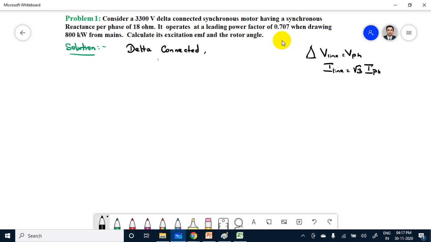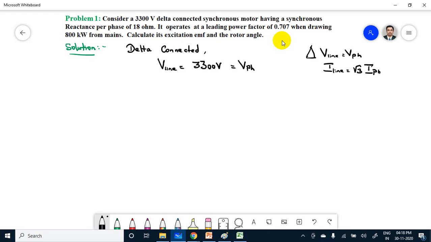V line equals 3300 volt. This is V line, which is equal to V phase. Next, line current. Is line current available?